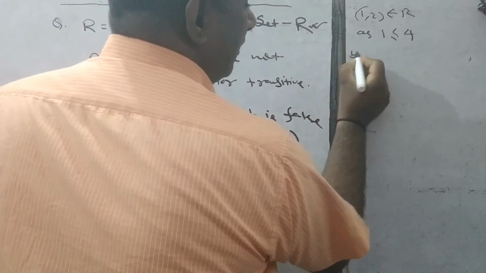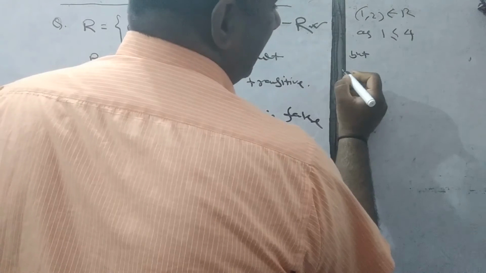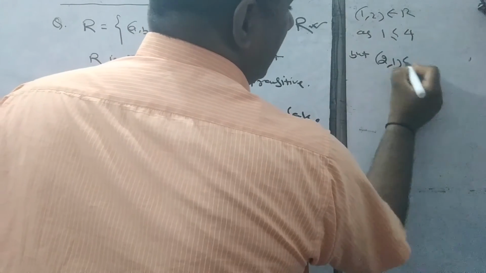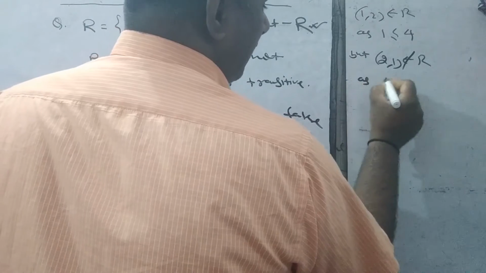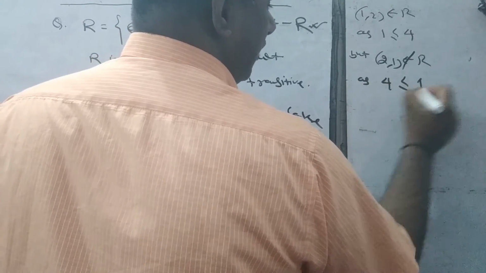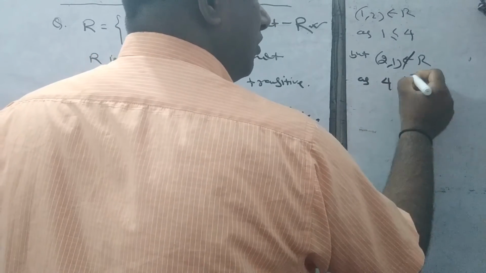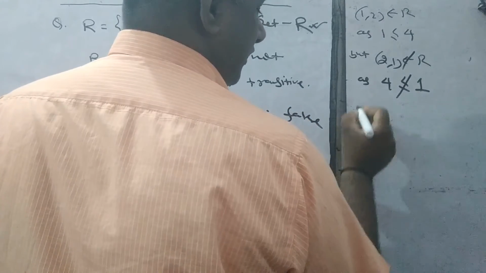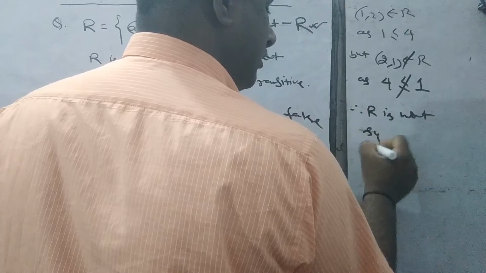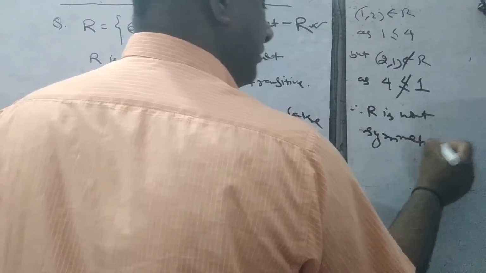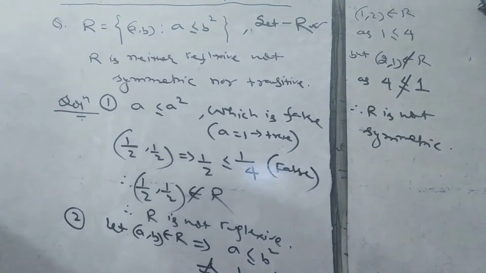But is (2, 1) also in R? No, as 4 is not less than or equal to 1. Therefore R is not symmetric.